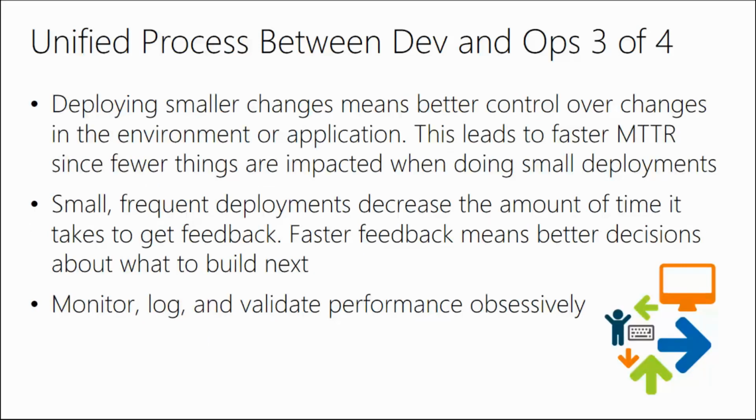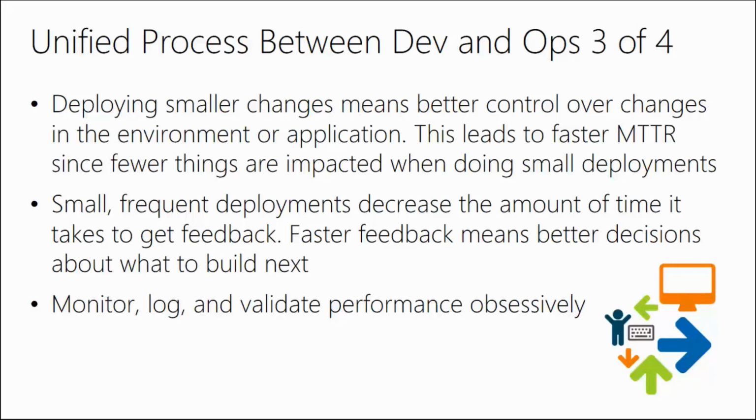Next is the deployment of smaller changes. And we've talked about this earlier as well in one of our previous lessons, where if you deploy small increments of change, it's easier to control and monitor and then correct, which primarily leads to a faster mean time to remediation, right?